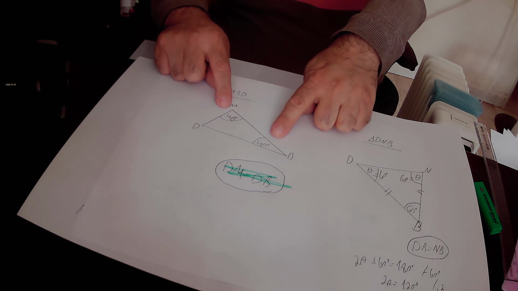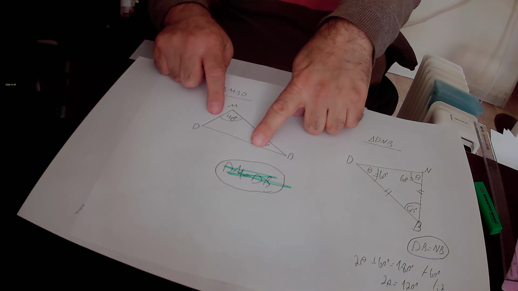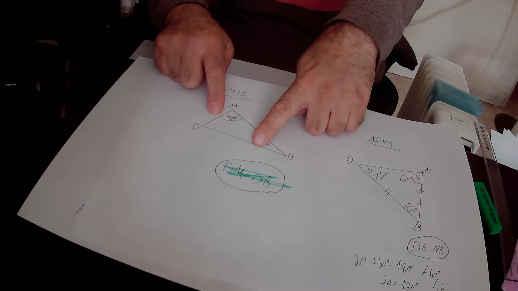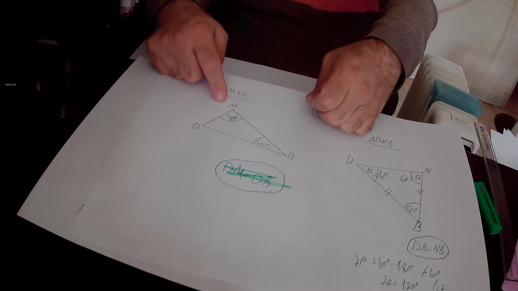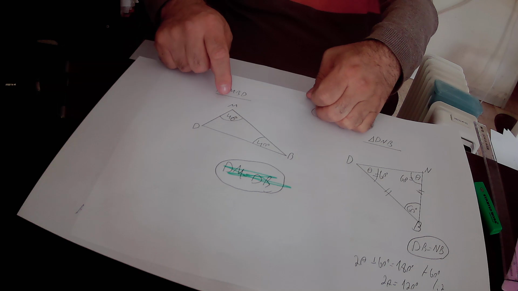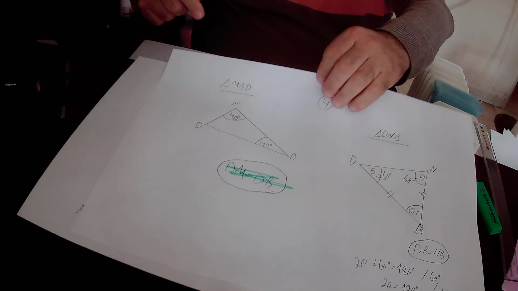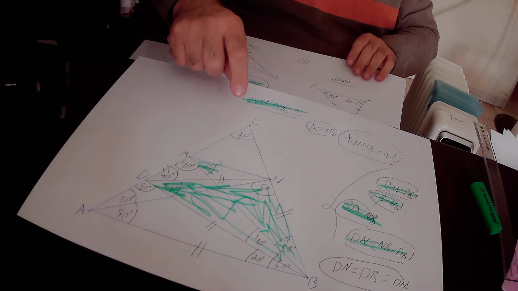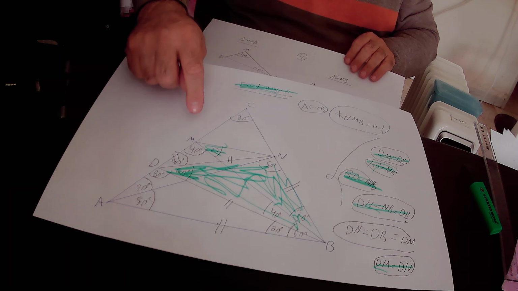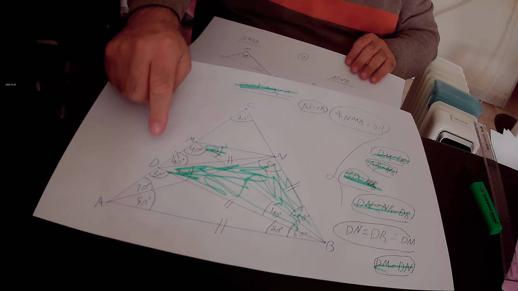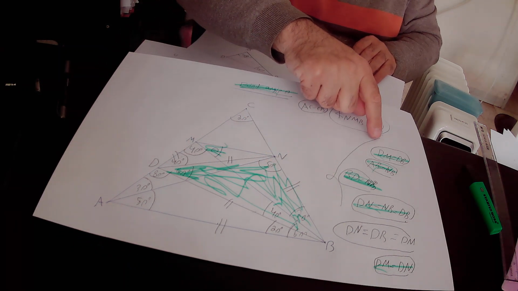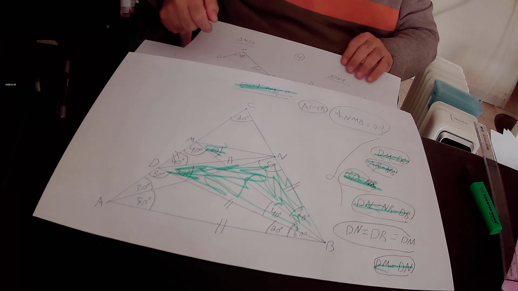Again, we have the same rule that in front of equal angles in the triangle there are equal sides. That is to say, those two sides located in front of the equal angles must be equal to each other. That is to say, MB equals BD. So we can write here that MB equals BD.